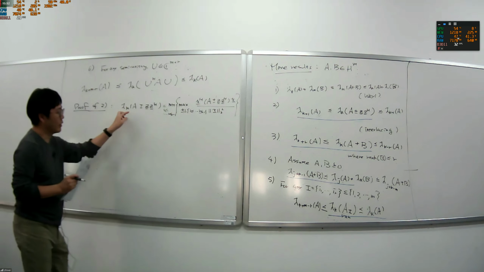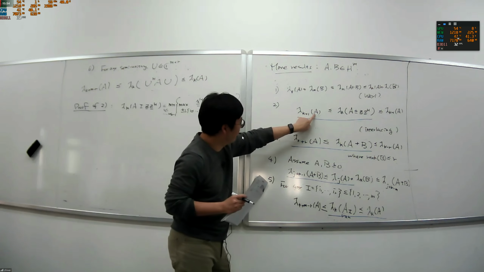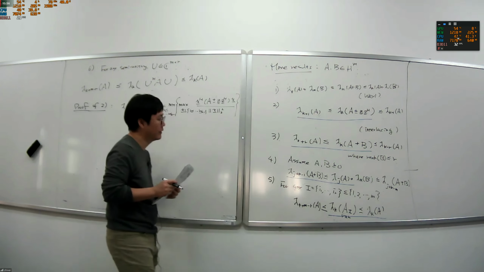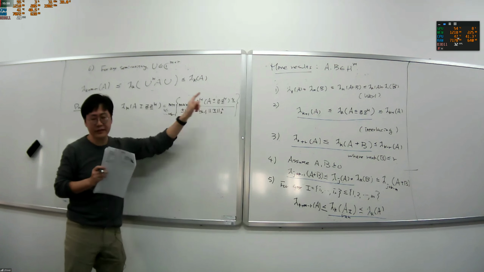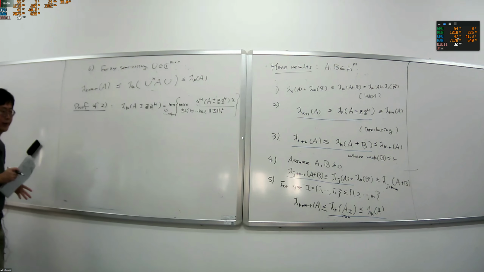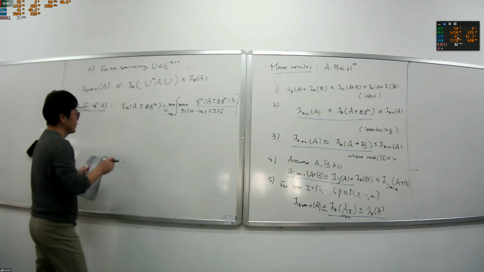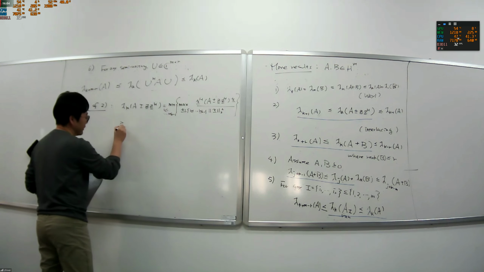Now we want to lower bound it by A, so here we want to eliminate this Z and get a lower bound.